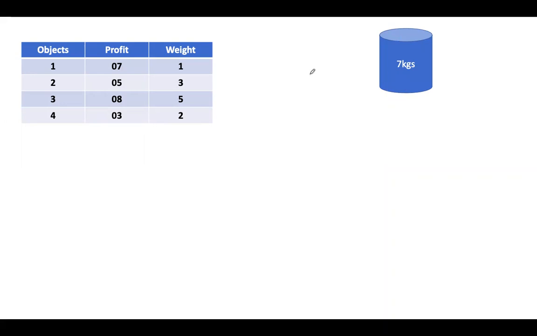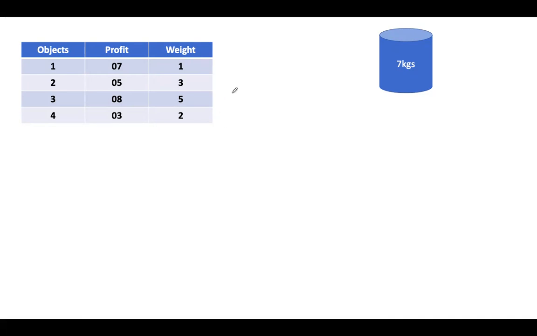Now our task is, among these 4 objects, we have to select either 2 objects or 3 objects or all 4 objects, but its capacity is only 7 kg. You can hold only 7 kg. So taking all 4 objects is doubtful.